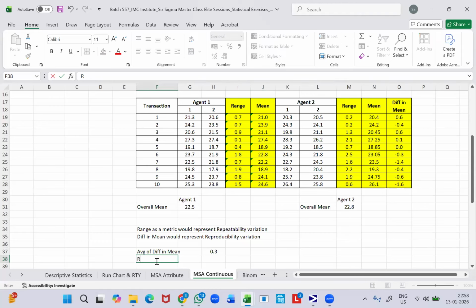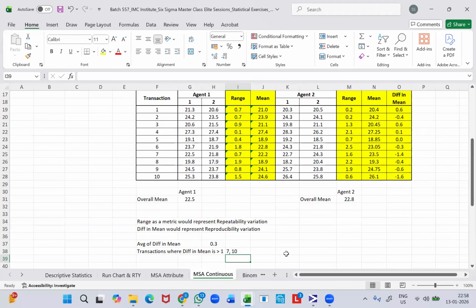So all the other transactions, the differences in mean is quite negligible.